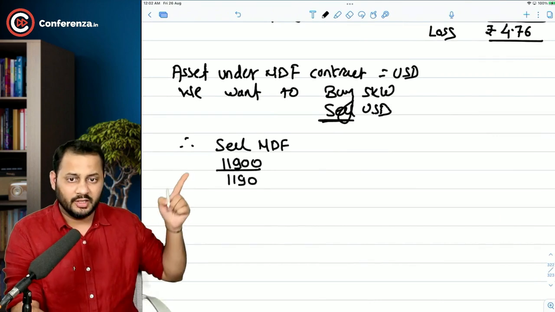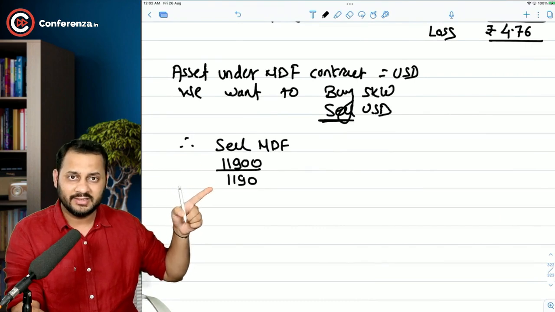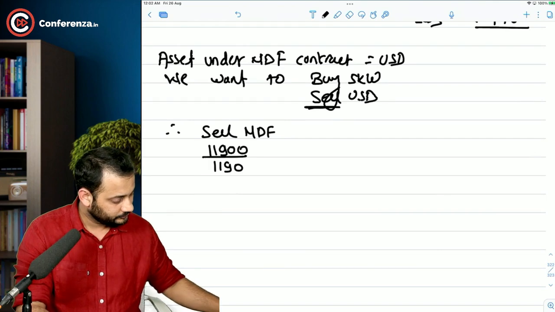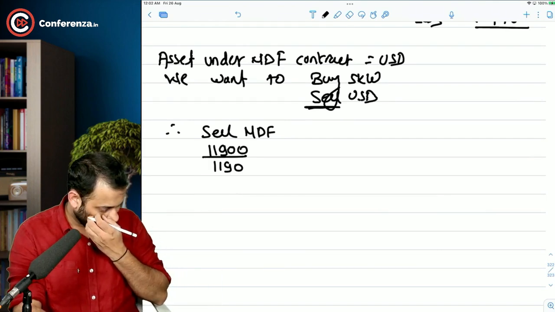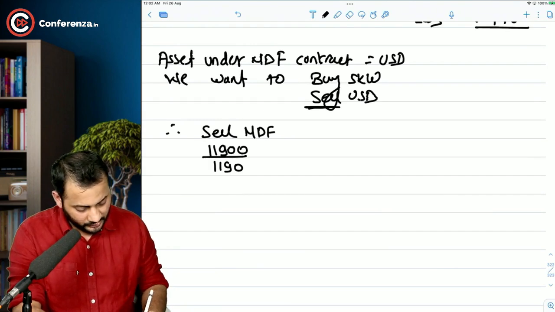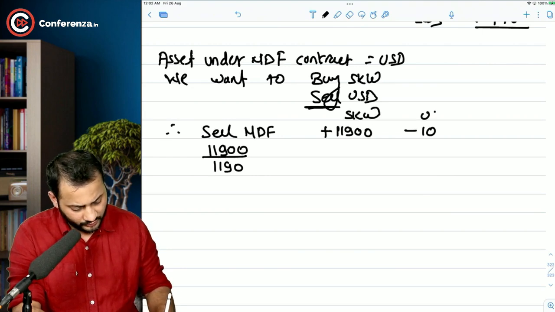11,900 is your KRW value. 1190 is the rate. Both of them are KRW, and this will give you 10 lakhs dollar. So you will actually buy 11,900 KRW by selling 10 lakhs US dollar.